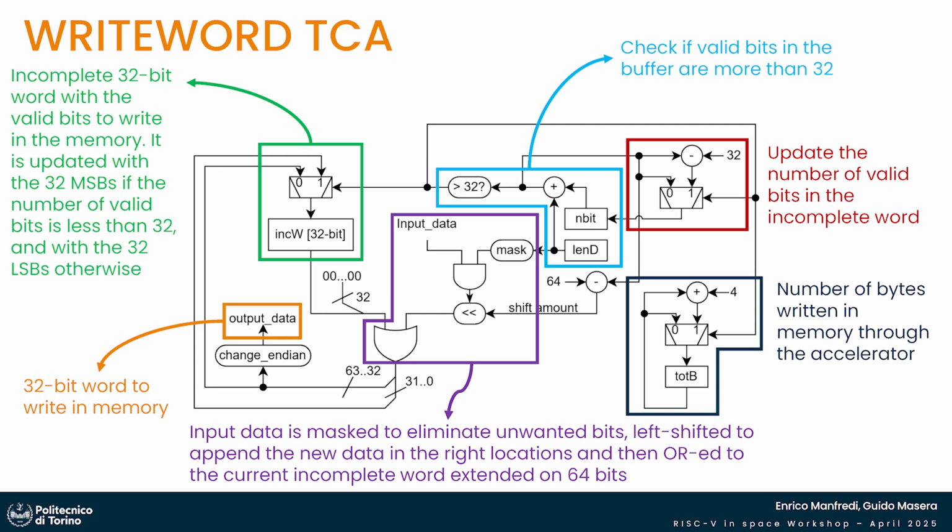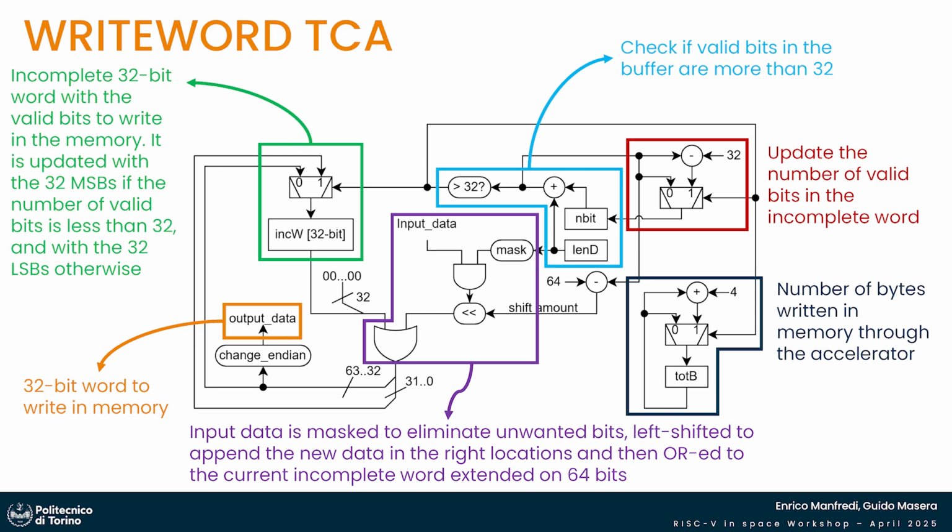The upper half of the resulting 64-bit buffer is stored, and depending on the total number of valid bits inside the buffer, the IncW register is updated. If this number is higher than 32, that means that the first half of the buffer contains a full word that is written inside the memory, and the lower half of the buffer contains an incomplete word that is then stored inside this IncW register.